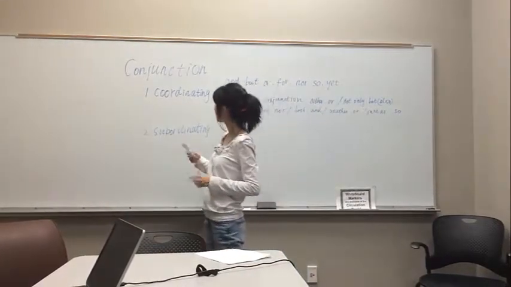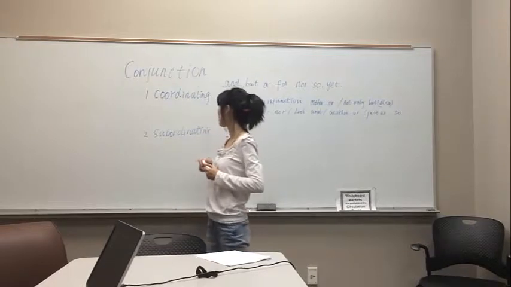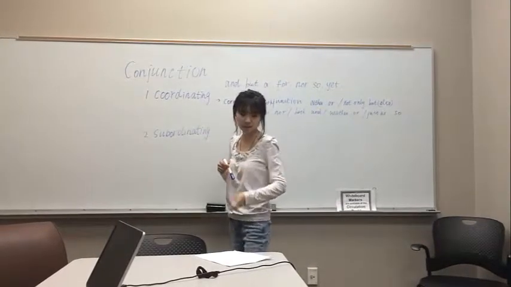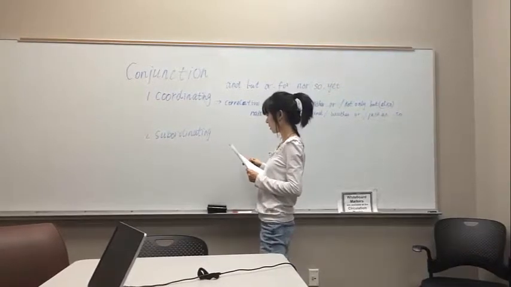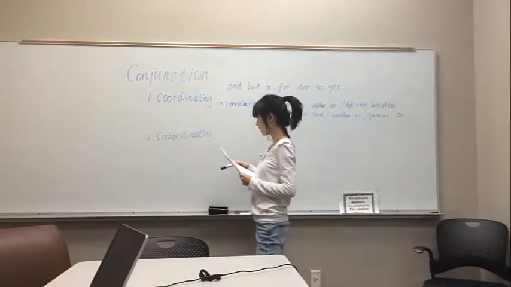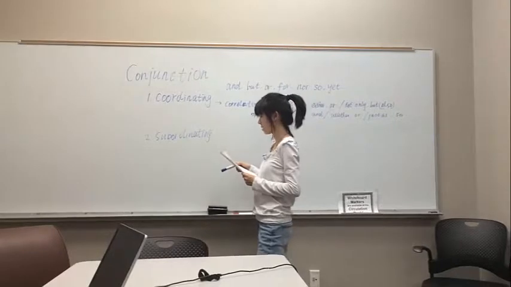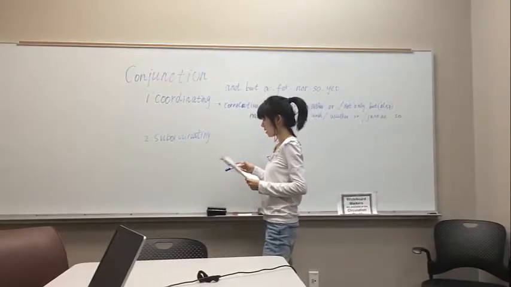The second conjunction I want to talk about is the subordinating conjunction. Subordinating conjunctions, also called subordinators, are conjunctions that join an independent clause and a dependent clause.